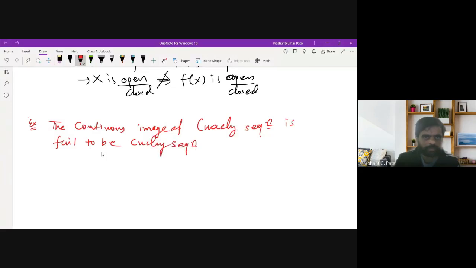That means under the continuous map, a Cauchy sequence will not be preserved. Okay. So for that, let us define X as 1, 1 by 2, 1 by 3, and so on, with a discrete metric.